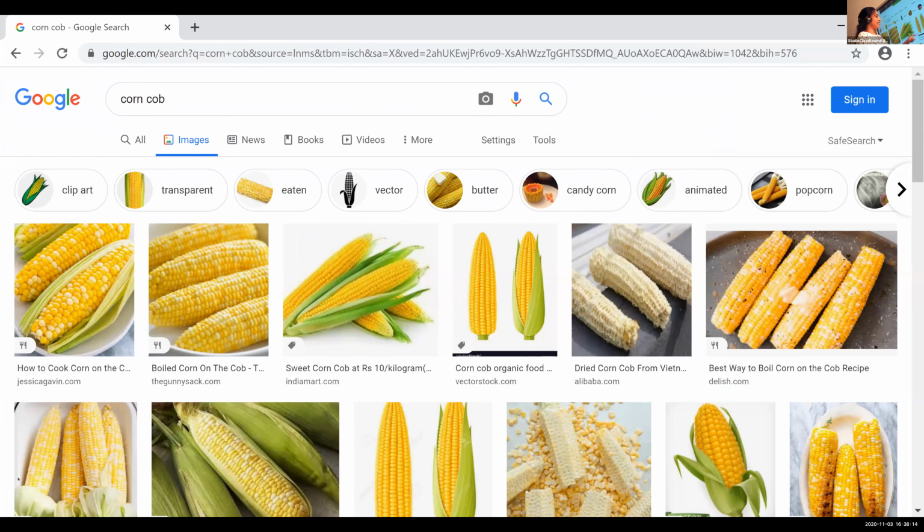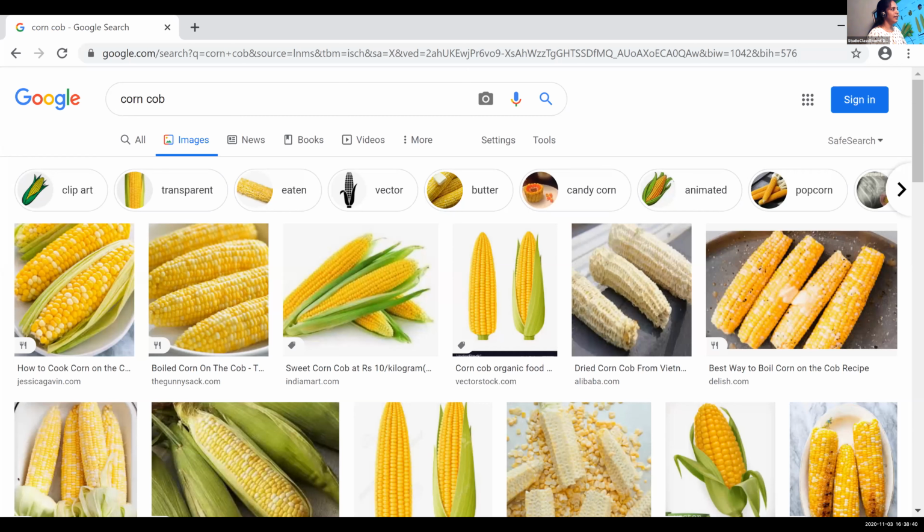What is the shape of it? Somewhat similar to a cone, right? Yes. It is somewhat like a cone. And see the grains. Can you see the grains there?